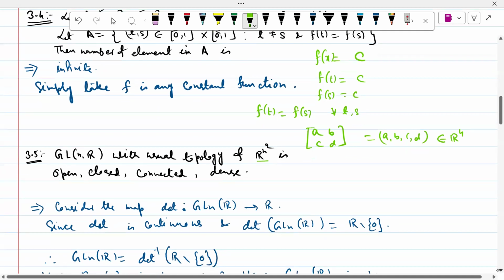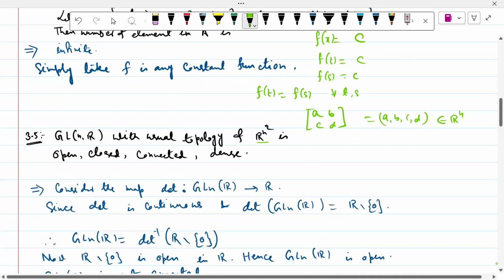And consider the determinant map from GL_n(R) to R. Whenever you take a matrix, its determinant is a real number. And what is the determinant map? You are just adding and multiplying, so this is just a polynomial. So the determinant map is a continuous map. Just remember, determinant is a continuous map.